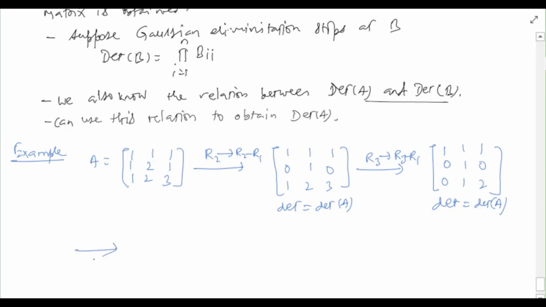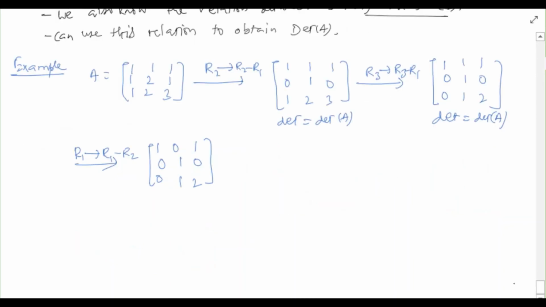Then we will do R1 to R1 minus R2, and this way we will get 1, 0, 1, 0, 1, 0, 0, 1, 2.